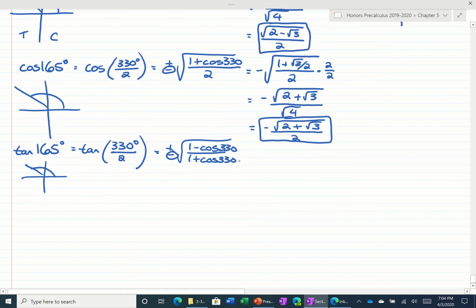And then our final problem over here would be a negative square root of 1 minus root 3 over 2 divided by 1 plus root 3 over 2. So this one takes a little bit more finesse. Let's multiply top and bottom by 2 to get rid of the fractions.